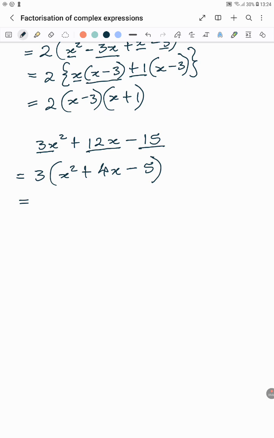And here you multiply this term and this term, and you get minus 5x squared.